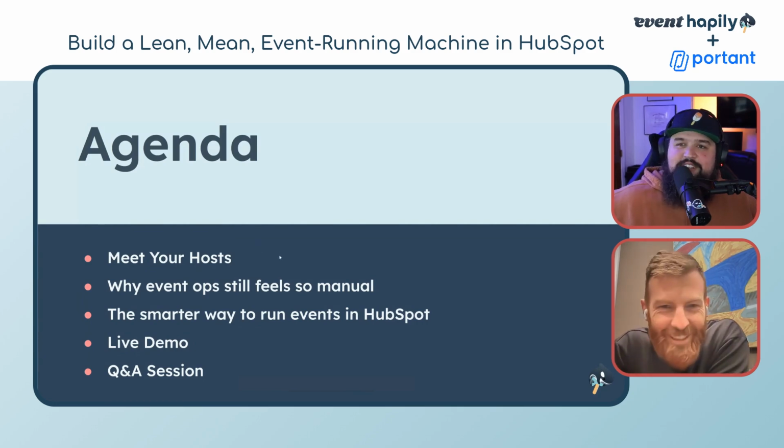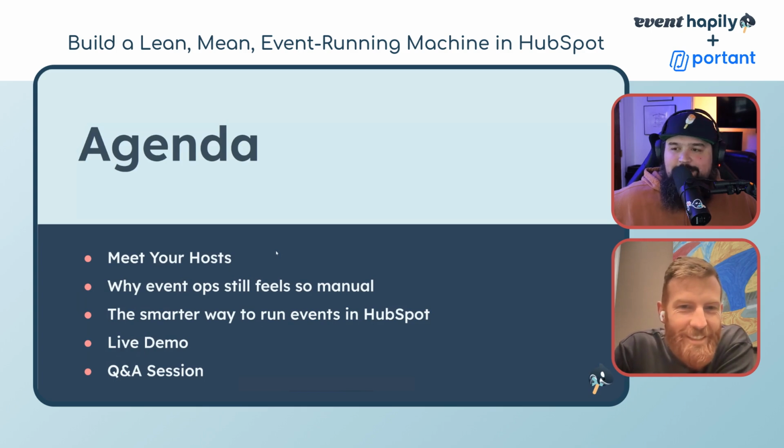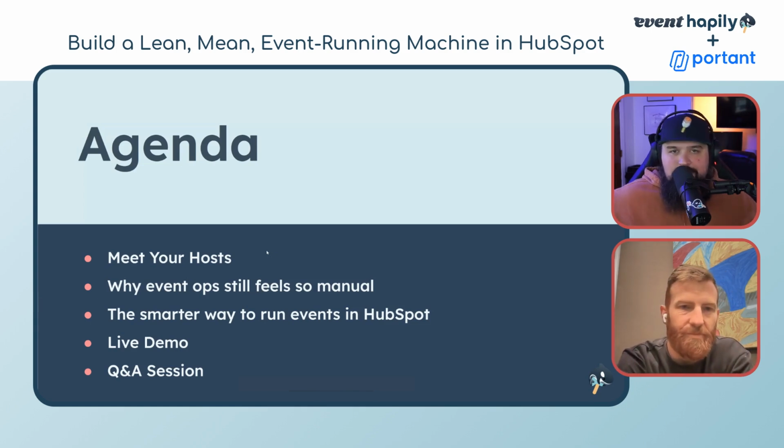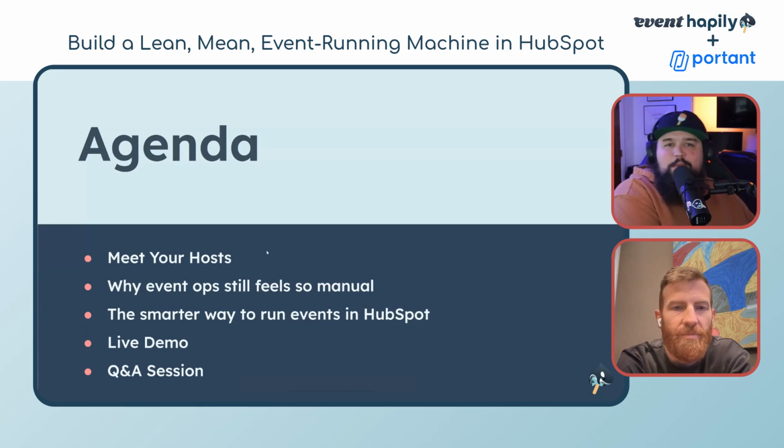Okay, cool. So just a little bit of an agenda, folks. We always like to set one of these at the beginning, right? Otherwise, I'm going to go off the rails as I normally do. We'll just introduce myself and James if you haven't met us yet. We're going to talk about why event ops still feels so manual, especially inside of HubSpot. And we're going to provide you an alternate reality, if you will, on a better way to do this.